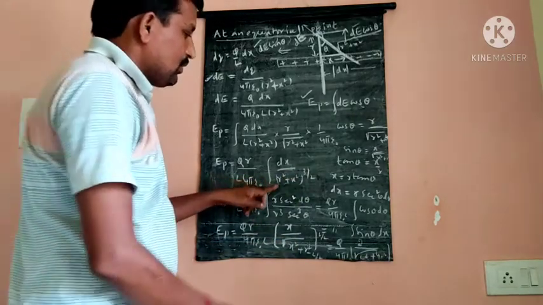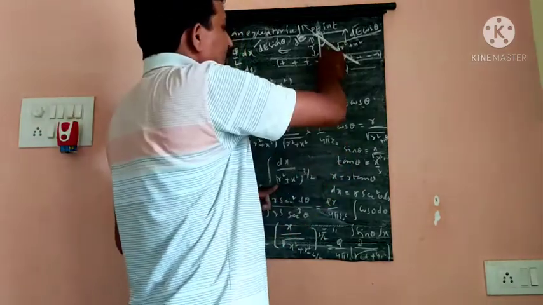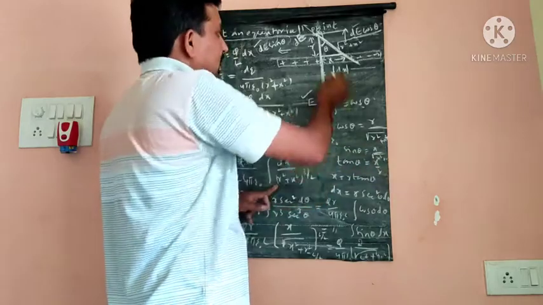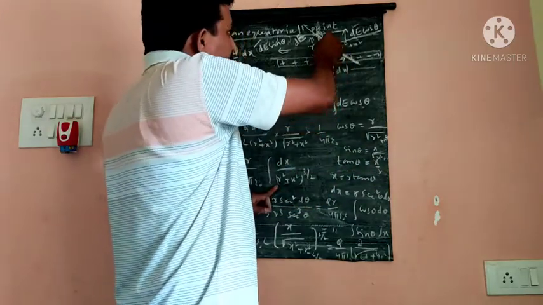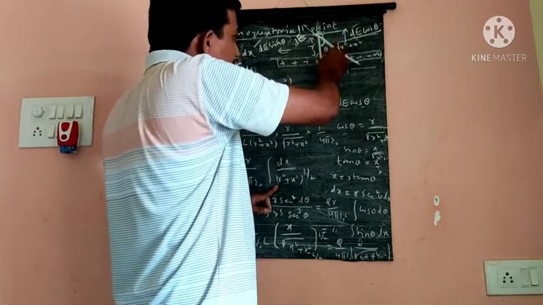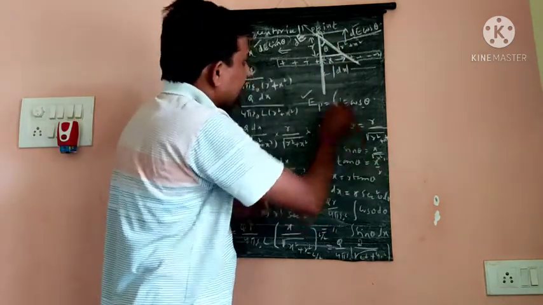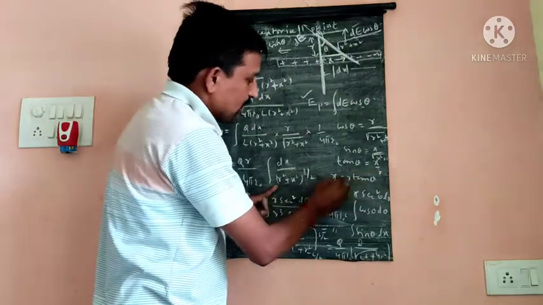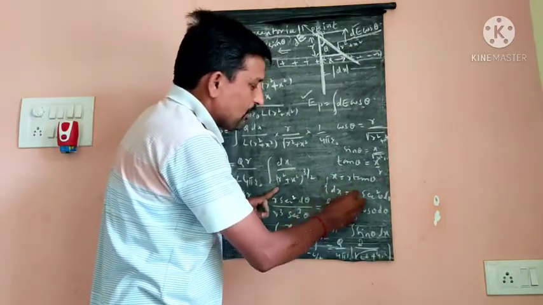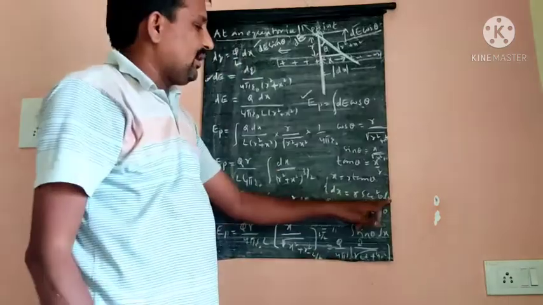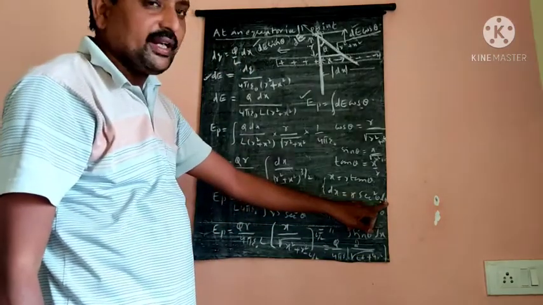Right? So we know tan theta is opposite side by adjacent side, x by r. So x is equal to r tan theta. By differentiating, dx is equal to r sec square theta d theta.